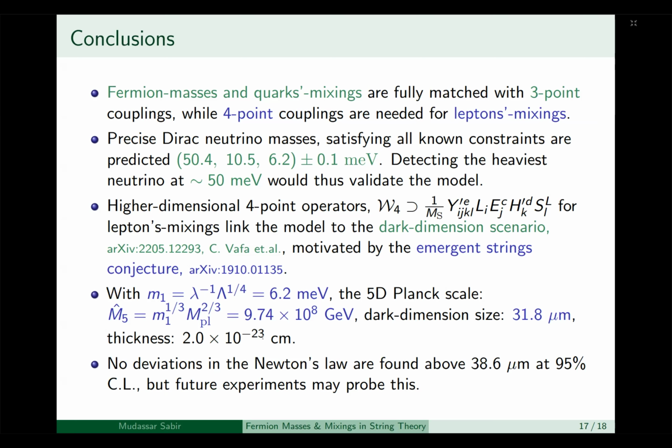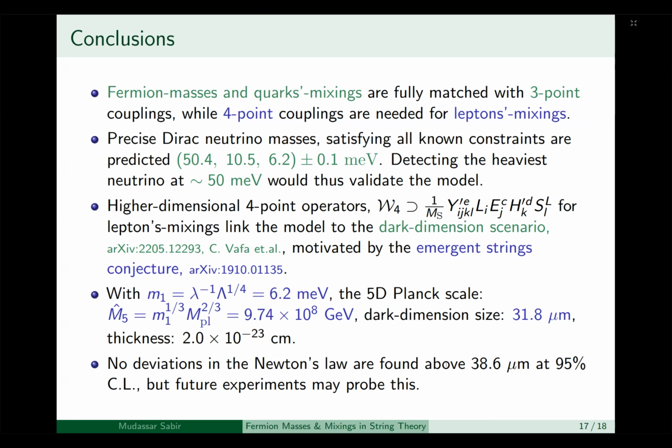In the original dark dimension paper, they predict that Newton's law violations should be around 1 to 10 micrometer. But if we believe our result M1 equals 6.2 MeV, the dark dimension size is a little bit larger, around 31.8 micrometer.